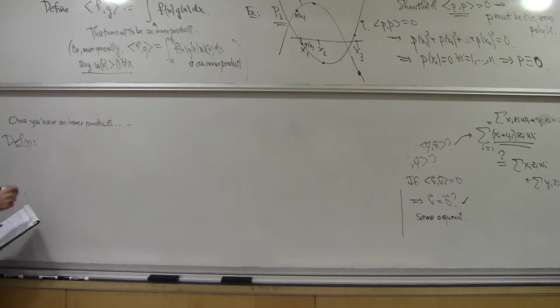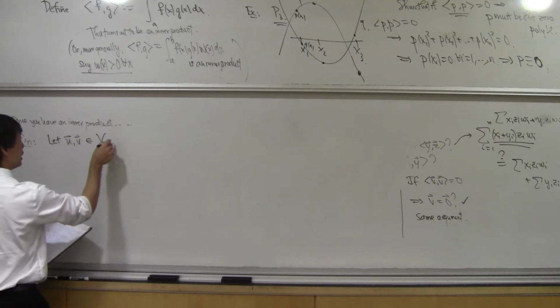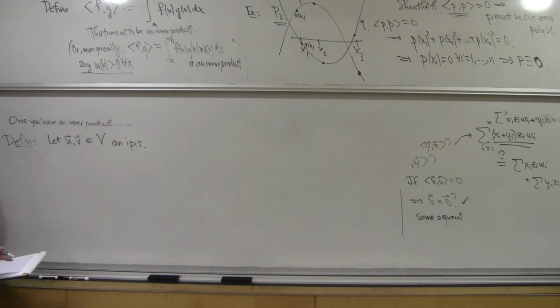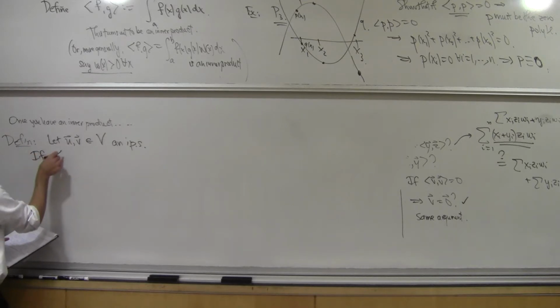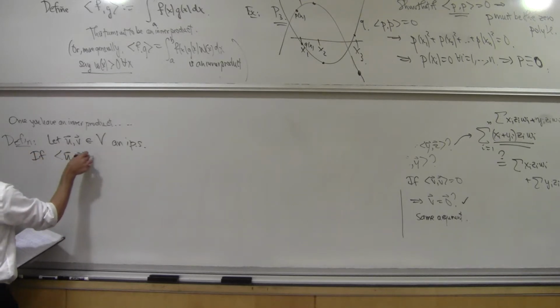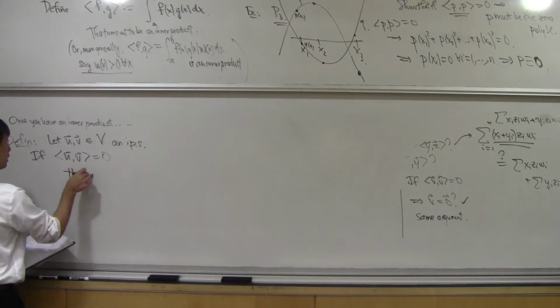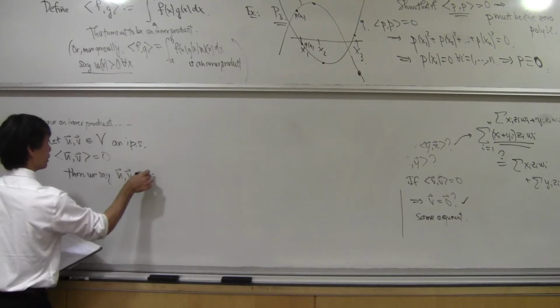So we say, let U and V be in some inner product space. So suppose you have two vectors in an inner product space. If their inner product is 0, we say that U and V are orthogonal.